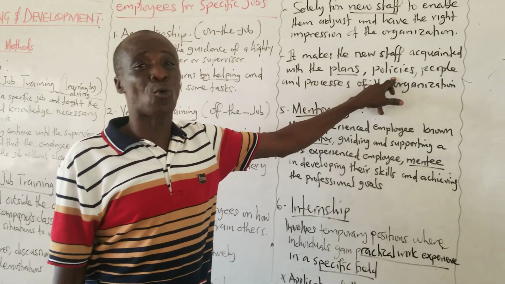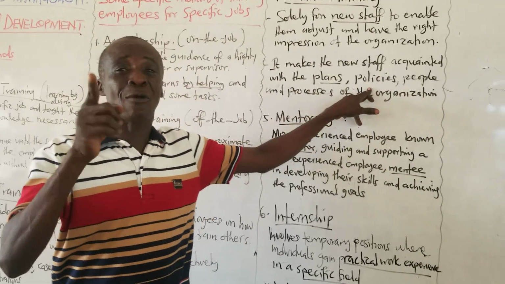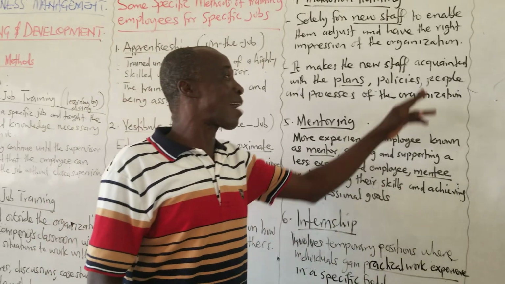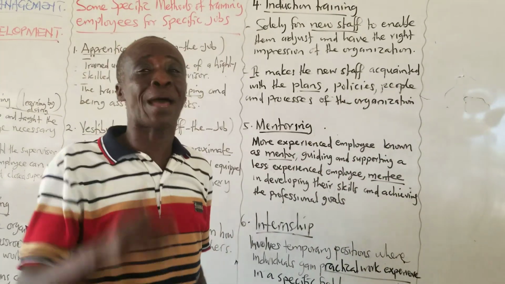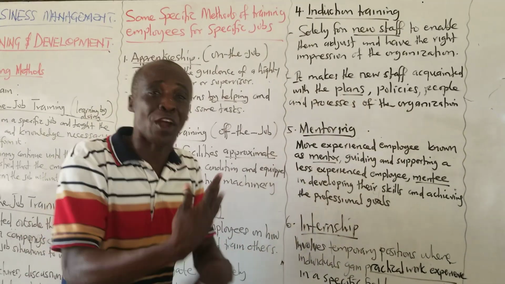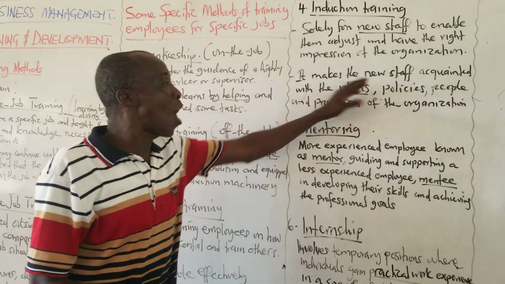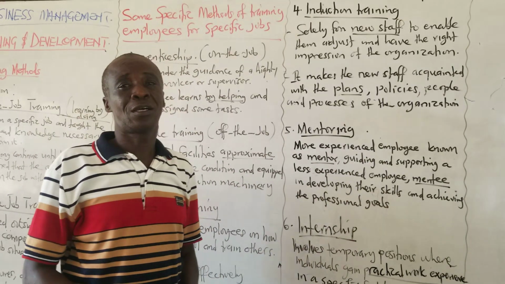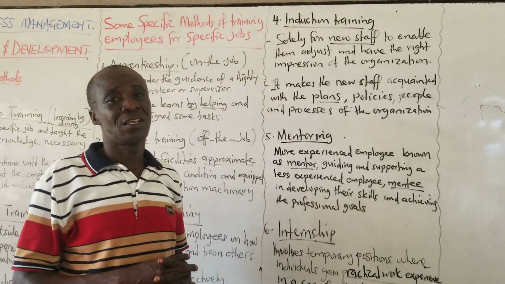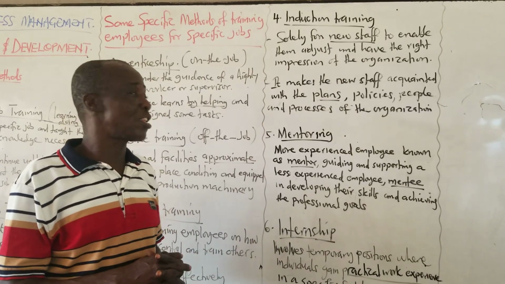We have also done what policies are. You become acquainted with the people you are going to meet, and with the processes of the organization. All these things will be taught during the induction training. So that is induction training.